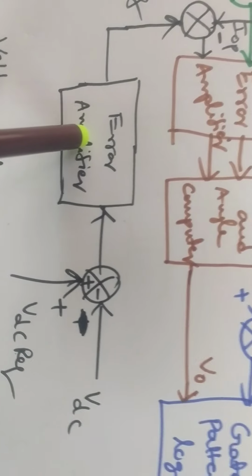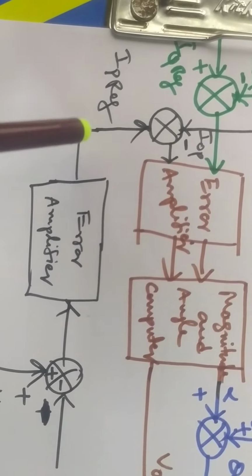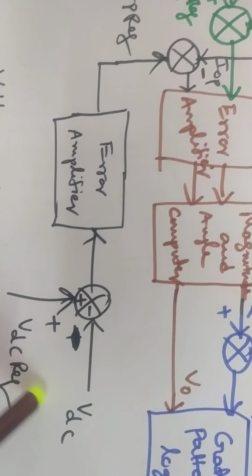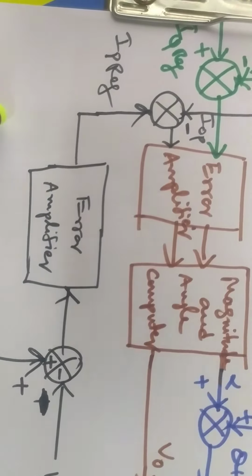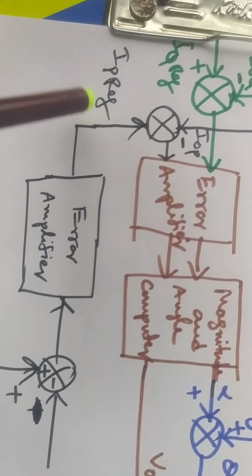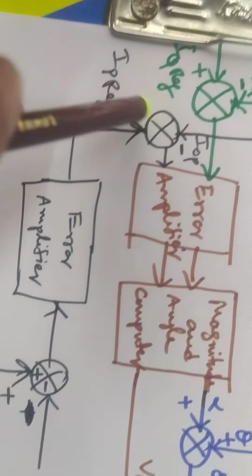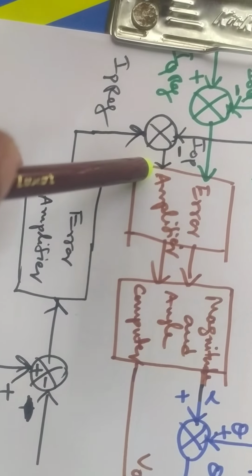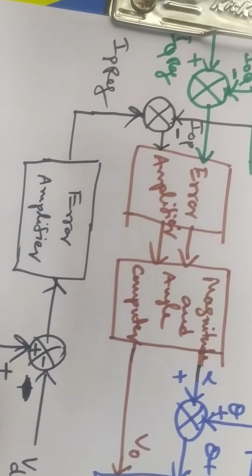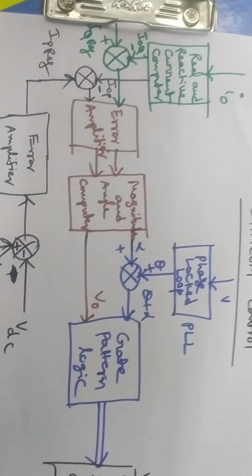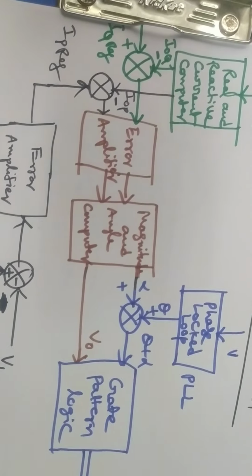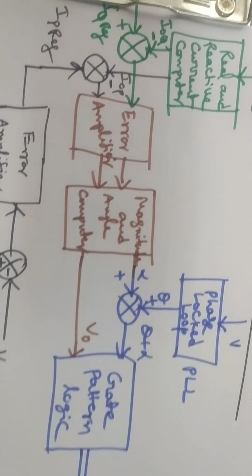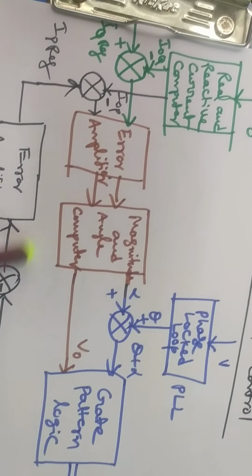This error amplifier will amplify the error signal and obtain the IP reference from this loop, DC voltage loop. Or in some cases you can also directly give the IP reference, from which it will give the signal from the active current loop. If your aim is to supply only reactive power from the VSC, then this loop will vanish.